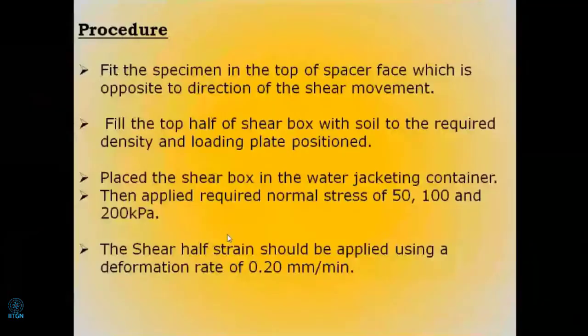This is the procedure. We put the top half of the shear box with soil, and the bottom half with the wooden block over which we put our geotextile. Then you put the water jacket container and apply normal stresses of 50, 100 and 200. The rate of deformation will be 0.2 mm per minute.